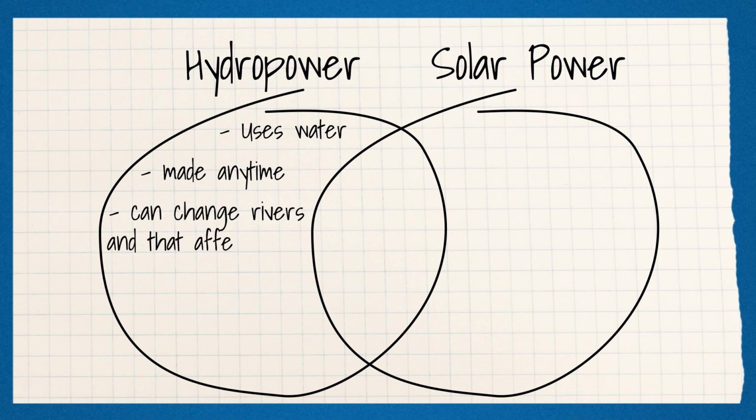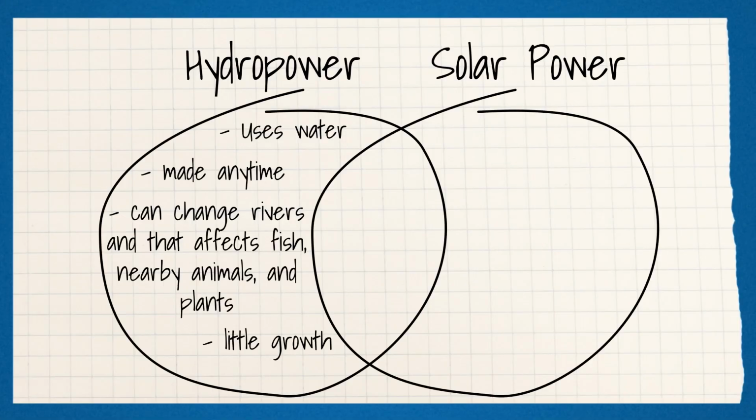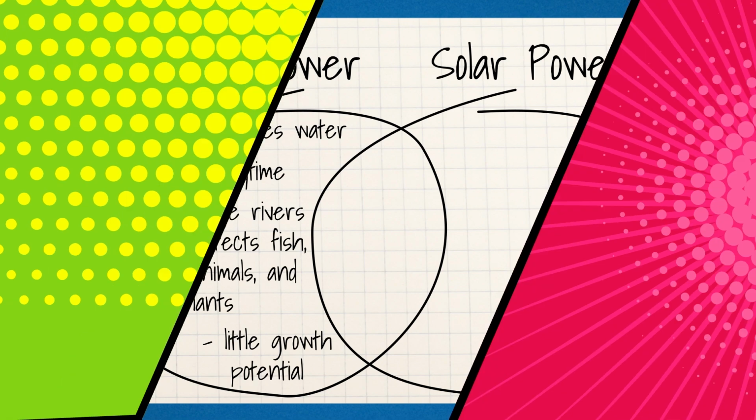When we build dams, it can be harder for fish to swim, and sometimes it changes the river for animals and plants nearby. Growth potential. Michigan already uses many of the rivers that are good for hydropower, so it would be hard to build many more big hydropower plants.